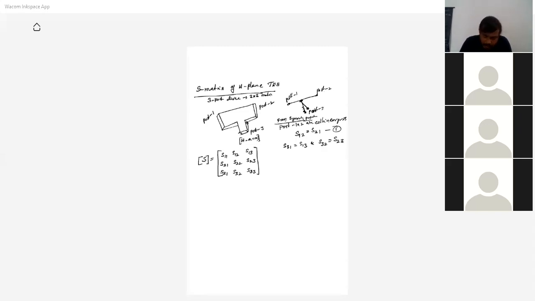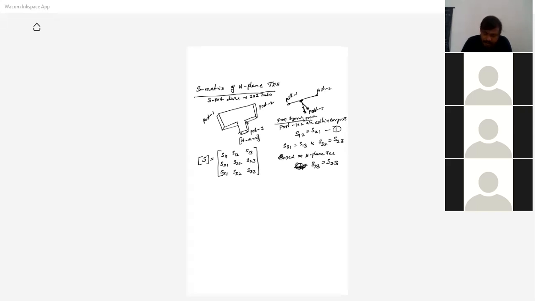Then, based on the H plane T property, S13 is equal to S23. Why is this? S13 means 1 is the output, 3 is the input.